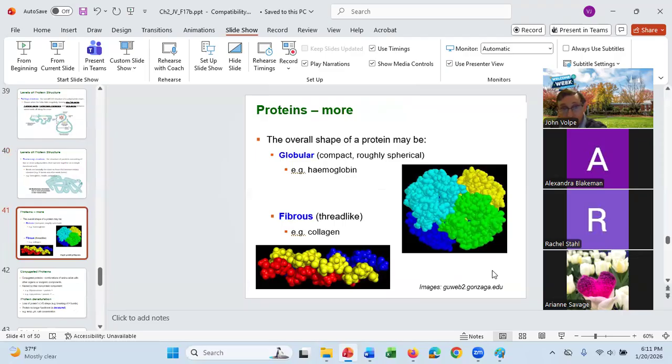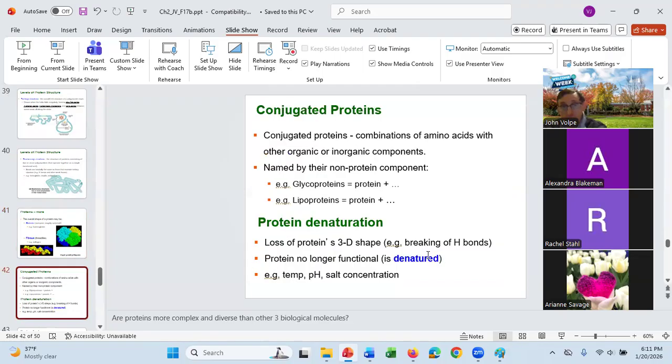Proteins, you can classify them by their shape. They may be globular, meaning roughly compact, roughly spherical. Hemoglobin is a globular protein, or the protein can be fibrous or more thread-like. Collagen is a fibrous protein. You can also have conjugated proteins. These are a combination of a protein or amino acid subunit with other organic or inorganic components.